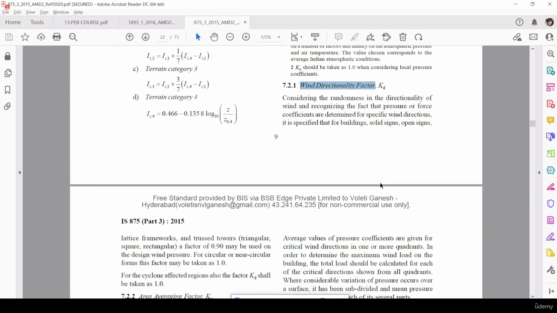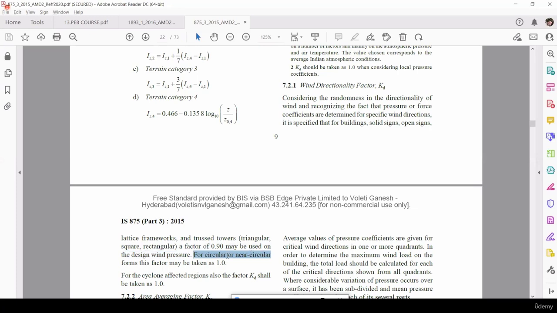If you see, it is specified that for buildings, solid signs, open signs, lattice frameworks, and truss towers, triangular, square, or rectangle, a factor of 0.9 may be used on the design wind pressure.